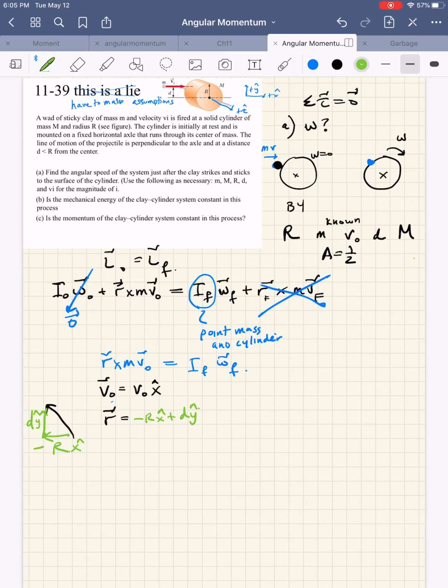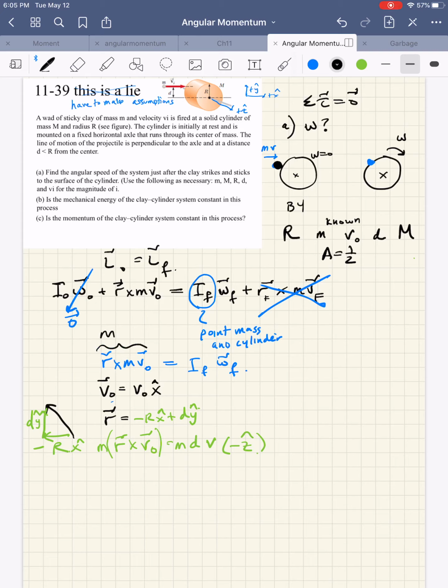And I'm going to go ahead and take a cross product now between r crossed with v naught, all of that times m, and that will equal m times, and I don't even need to do this anymore. I can just see r cross v naught is going to be number one in the minus z hat direction, and only d is really going to survive this. So you can prove that to yourself. And that's the left-hand side of the equation here.